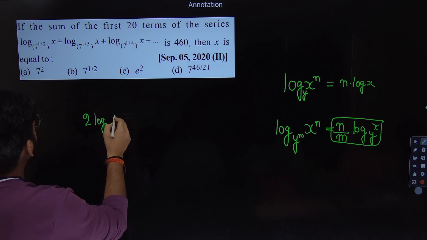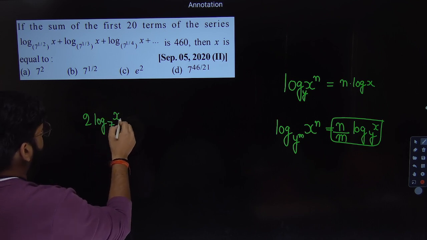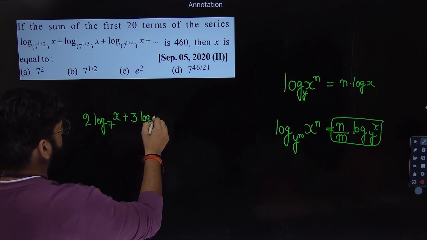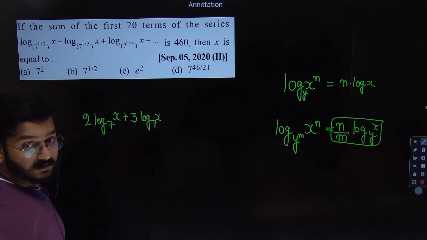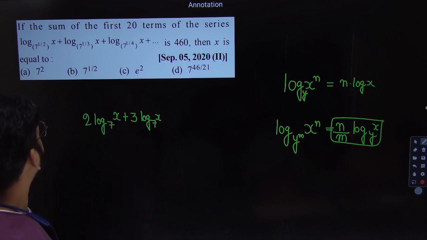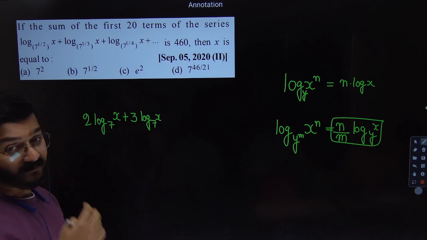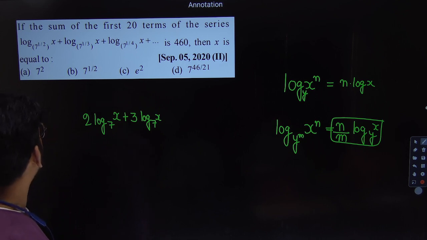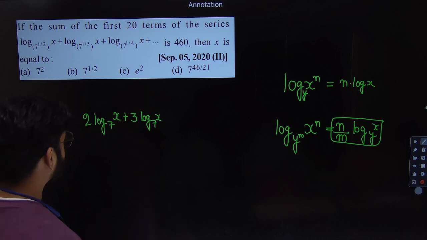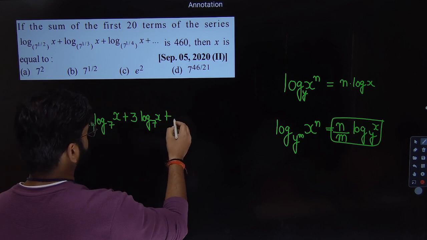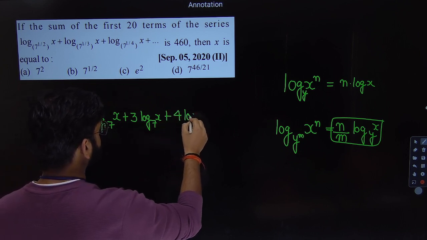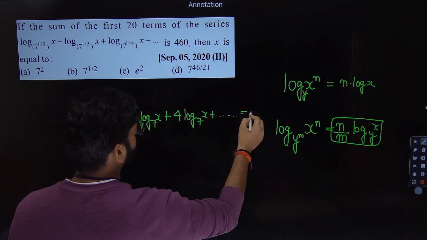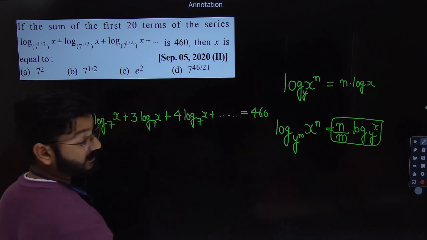So 2 log x to the base 7 plus 3 log. Okay, I'll check. Stop talking.